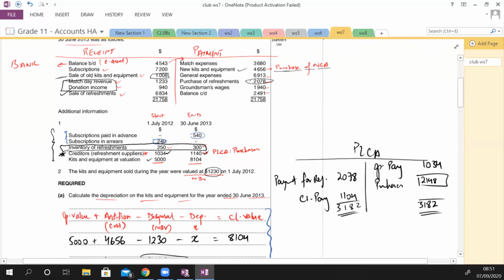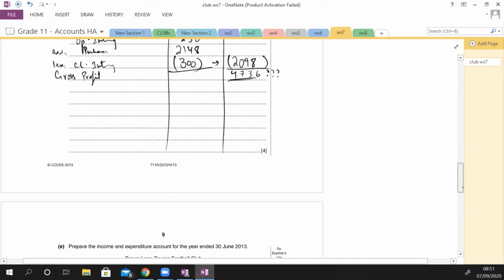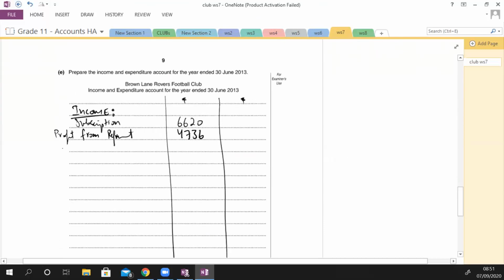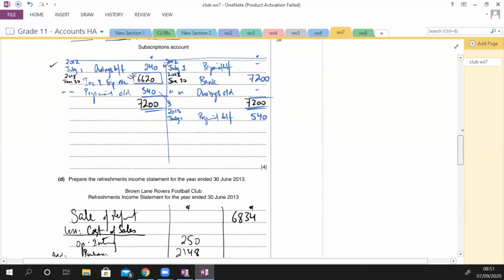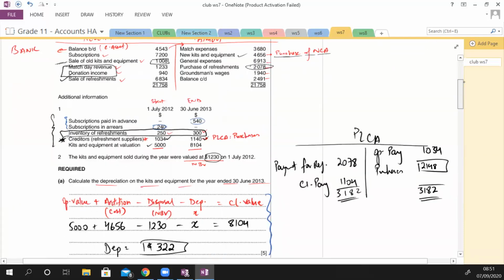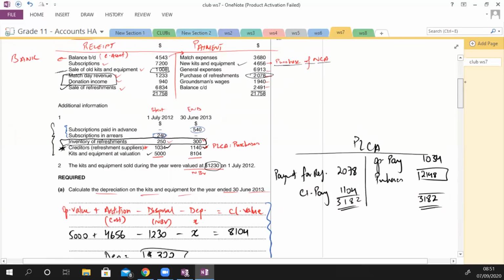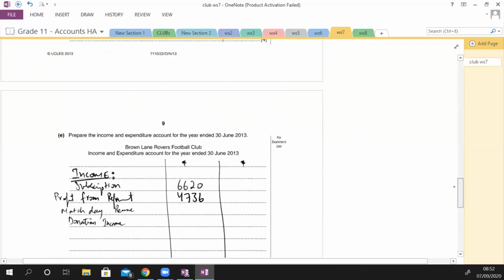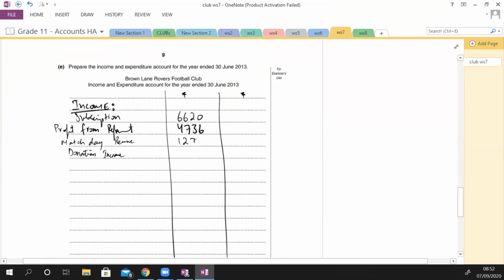Match day revenue and donation income. We received this money. The values of these two are 1233 and 940. Was there any other income of the club? No.